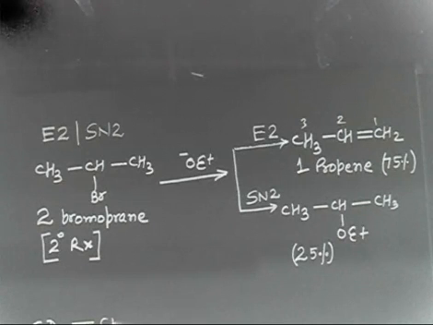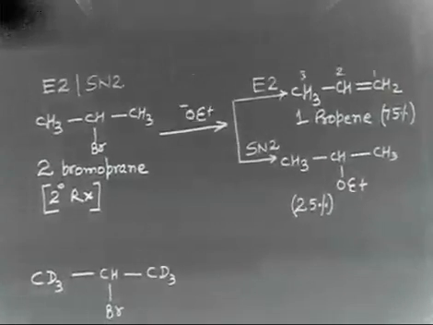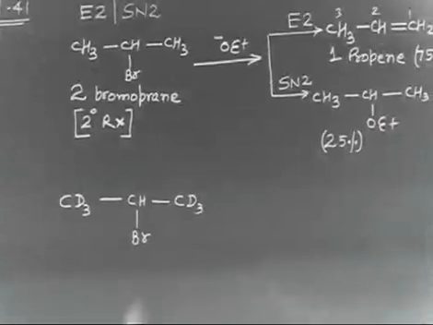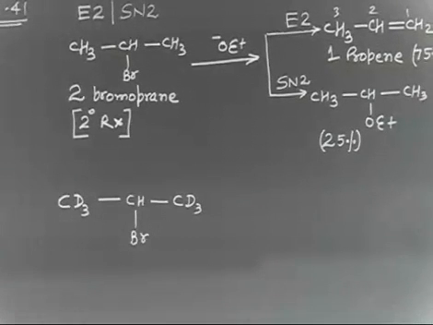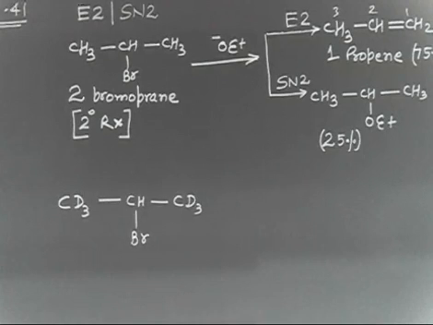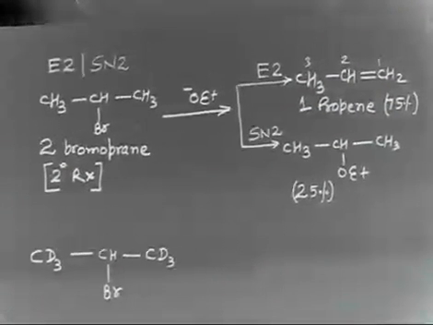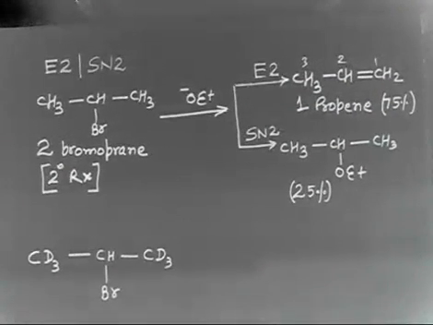So hexadeutero gives CD3 and Br. I think you have not seen, so let us copy. This is your hexadeutero 2-bromopropane. If you have not written it on the top, let us copy this fast.